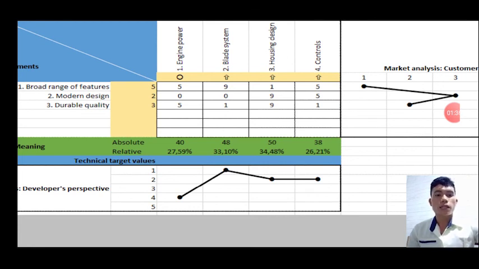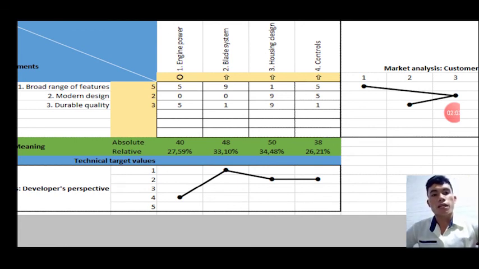And to get the relative percentage, so this will further show how important each appliance is. So from the absolute total value, which is 176, we can calculate the percentage of each appliance.